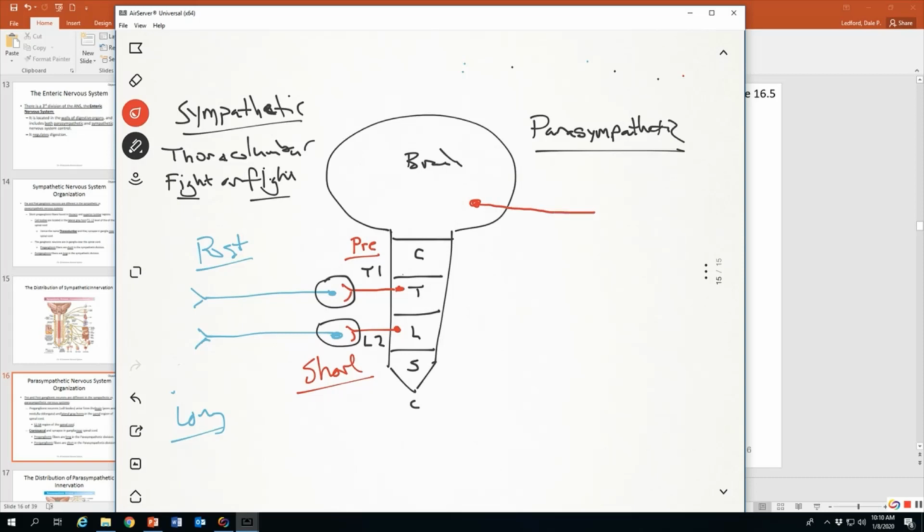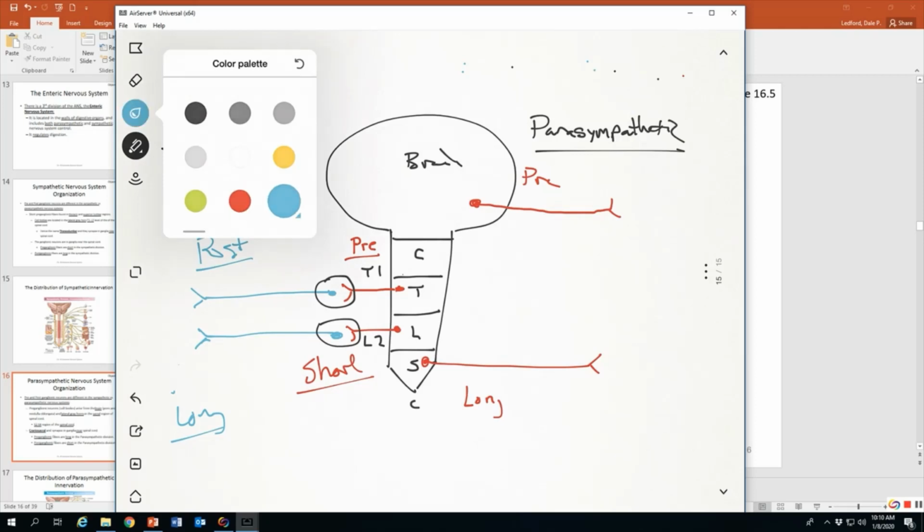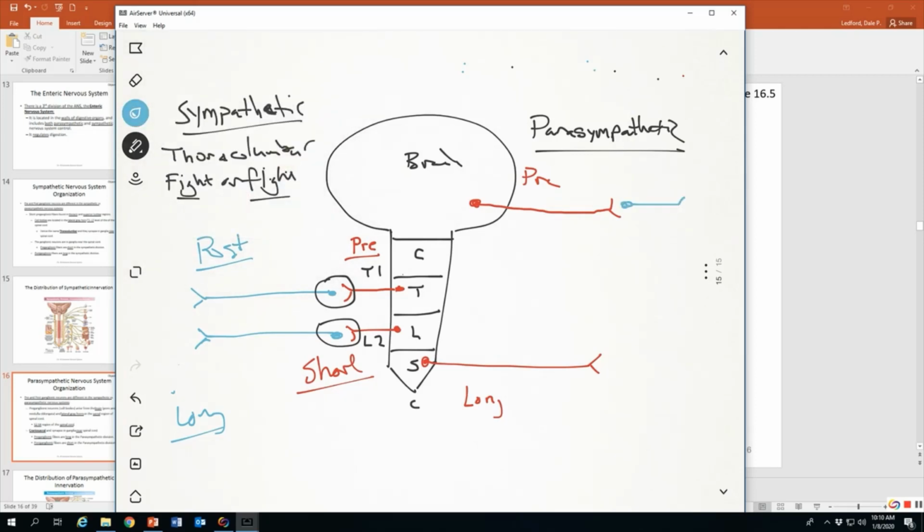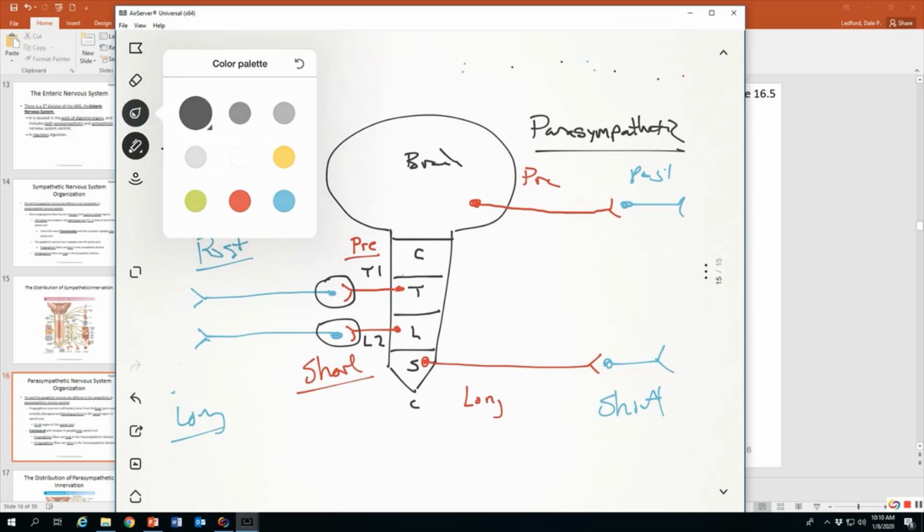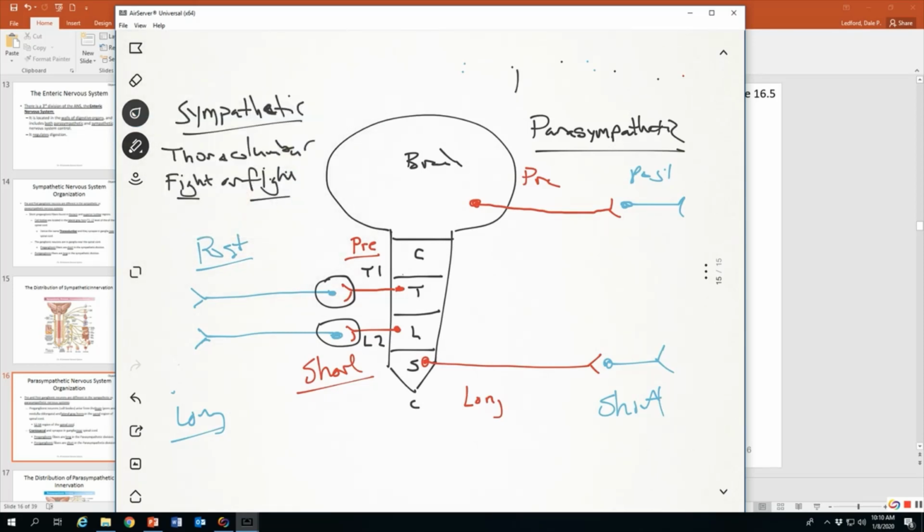Okay, so here what we're going to do is let's get our brain, or sacral, long, and we will see that the pre's are long and the posts are short. So what you're seeing here is the complete opposite of the sympathetic division.